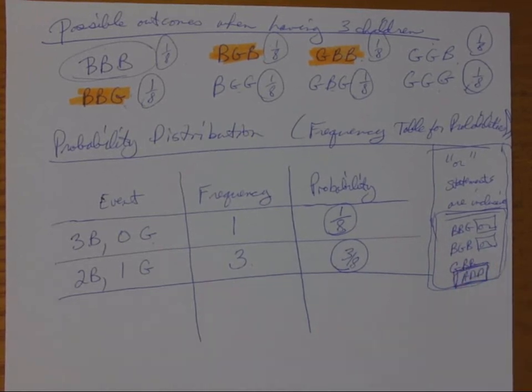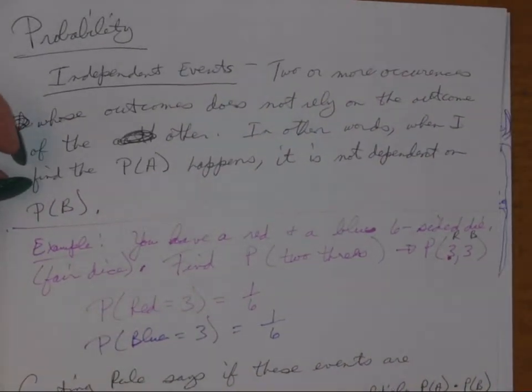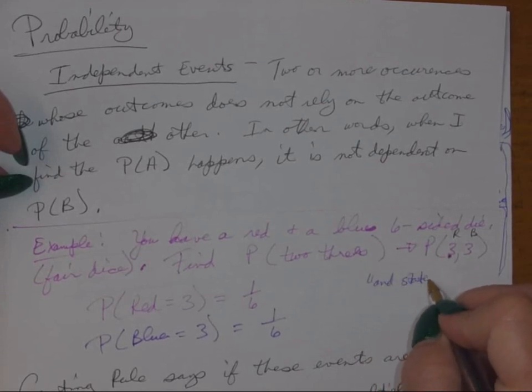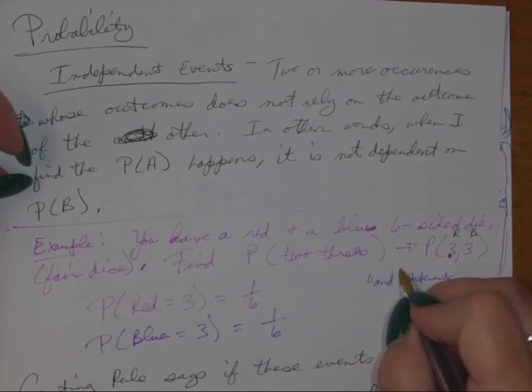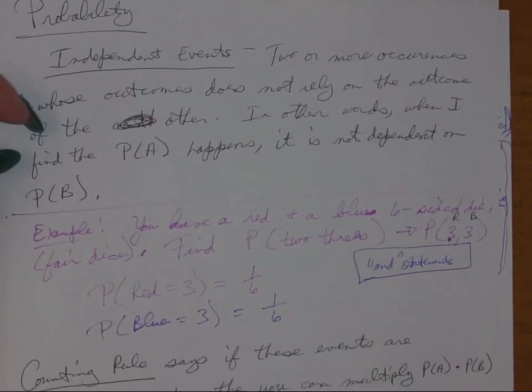So earlier when we had those independent events and we wanted both of those to happen, that was an and statement. I didn't say that earlier, but I should have. So let me go back and add that real quickly. These are and statements. I'm going back to the first page of notes we had.